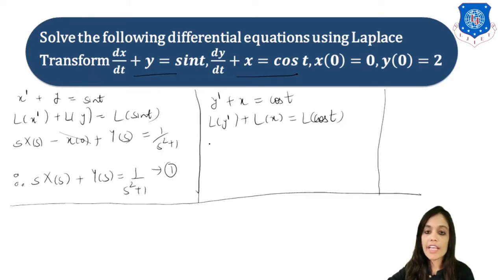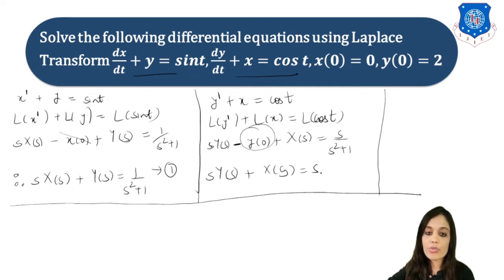So Laplace of y dash will be what? sY(s) minus y(0). Plus X(s) equals Laplace of cos t, which is s upon s square plus 1. Now let us put the value of y(0), which is what? 2. So finally sY(s) plus X(s) equals s upon s square plus 1 plus 2, right? So this is our equation 2.